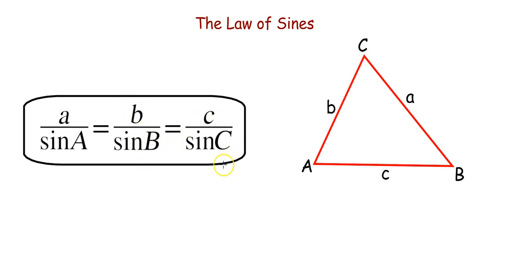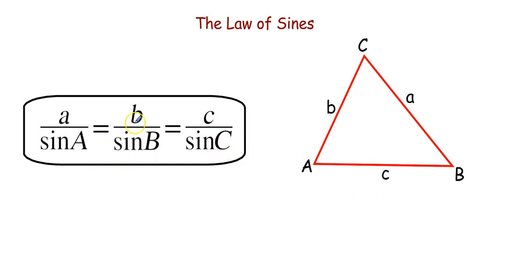So the law of sines states that a over sine A is equal to b over sine B, and that is equal to c over sine C, where lowercase a, b and c are the measures of the sides opposite to angles A, B and C. Out of those 6 things, 3 sides and 3 angles, they'll give us 2 sides and 1 angle.